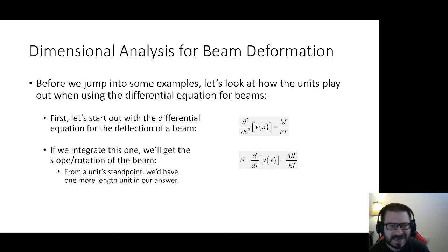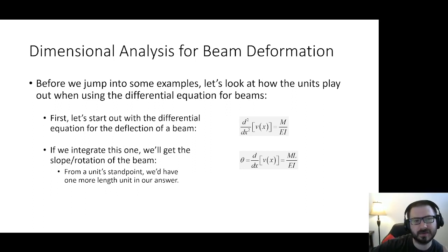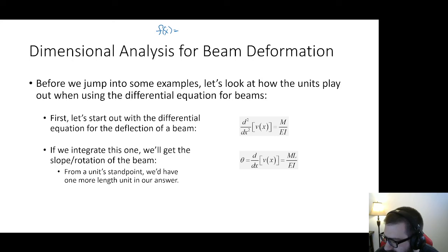Now if I integrate that, from a unit standpoint, that's going to yield one more length unit in our answer. And what I mean by that is this. If you have some function like, I don't know, let's just say 3x squared plus 7, and you integrate that, what you're going to get is something like x to the third plus 7x plus c.